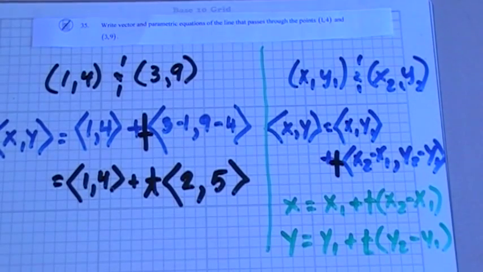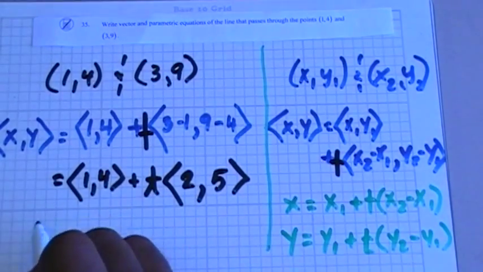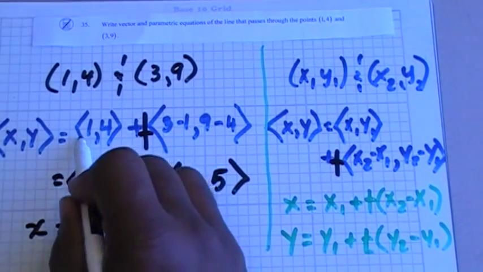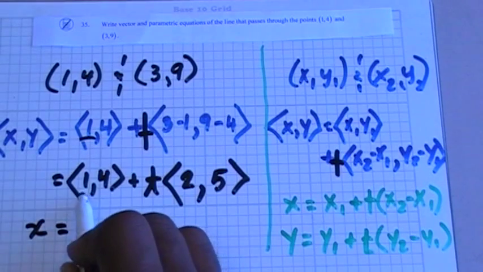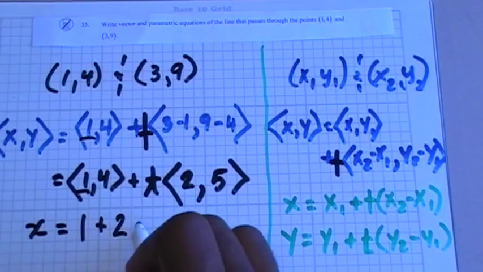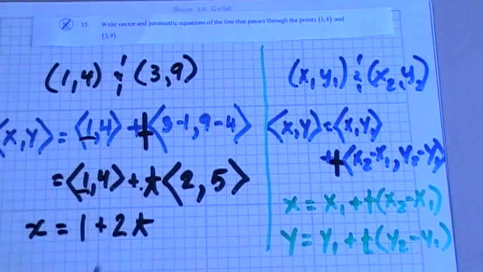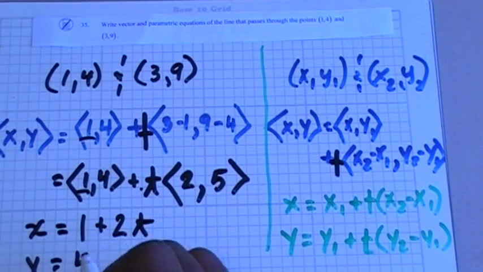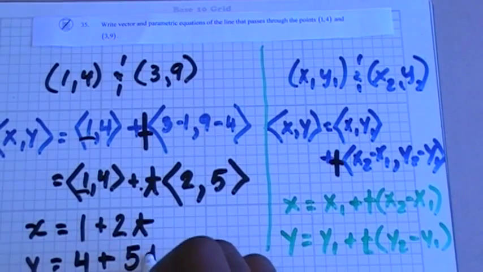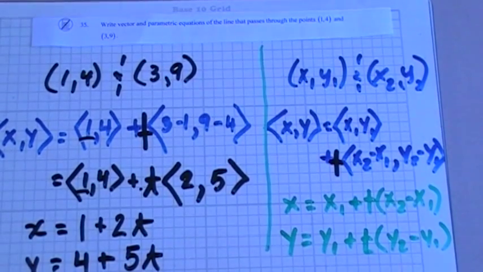All right, so in parametric form, this is x is equal to our 1 plus 2t, and y is equal to 4 plus 5t. And we're done with number 35.